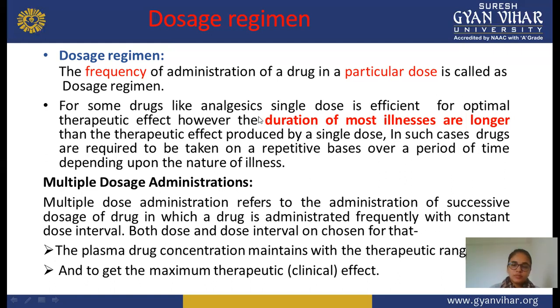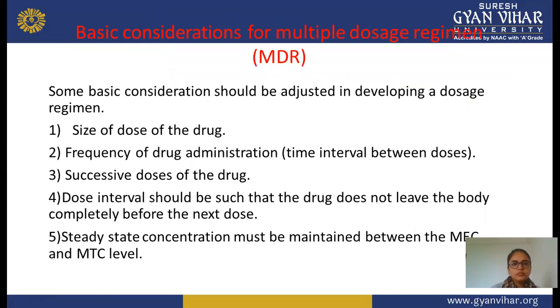Next is to get the maximum therapeutic and clinical effect. Means this is also important to get the maximum or required therapeutic or clinical effect of a particular drug. When you take multiple dosing or single dosing, you should make sure that your drug has sufficient capacity to maintain the maximum therapeutic or clinical effect.